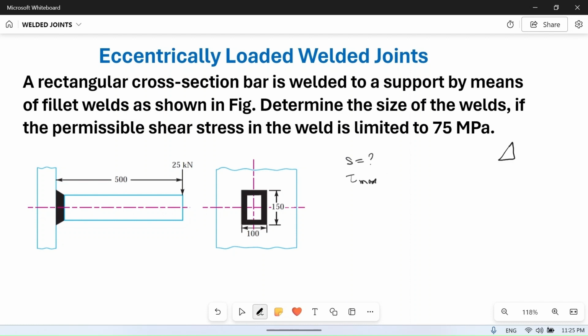So tau max is 75 megapascal, which is equal to 75 into 10 to the power 6 pascal. 1 pascal is equal to 1 Newton per meter square.